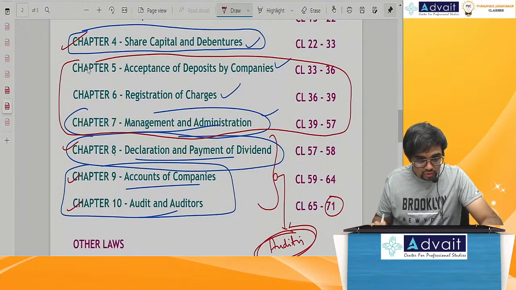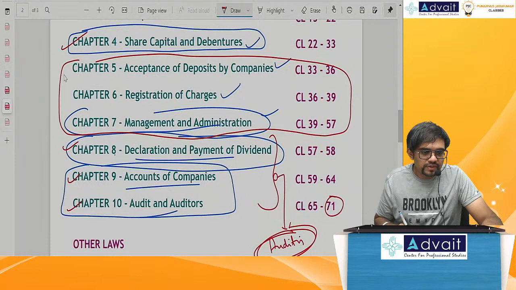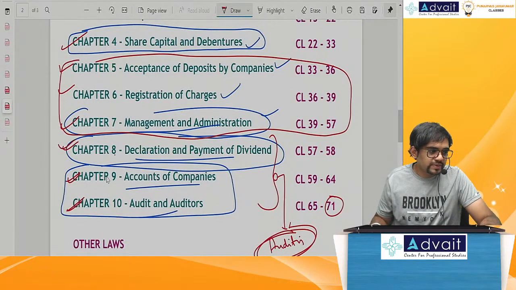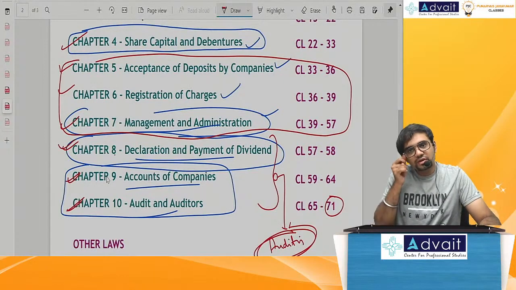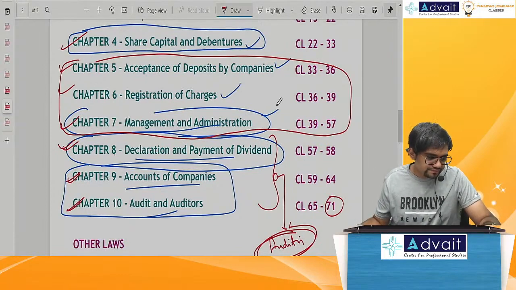What we are going to do tomorrow and the day after are very important provisions. Tomorrow we will do chapters 5, 6 and 7, that is acceptance of deposits, registration of charges, and management and administration. The next day we will do 8, 9, 10, which is very important because it comes in law and auditing also, everything with respect to AGM, EGM, etc.